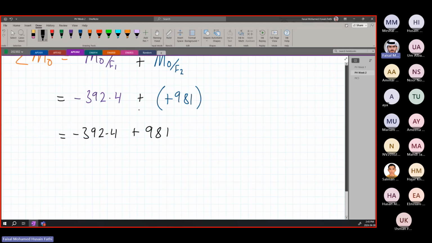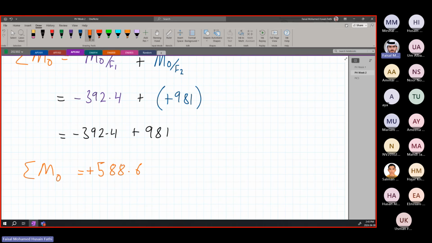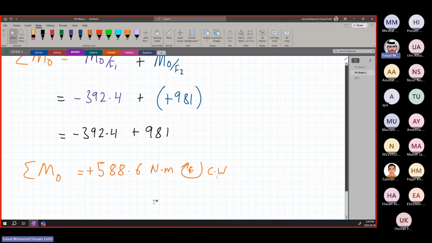Put that in the calculator and you will find that the sum of moments about O is equal to 588.6 Newton meters. Since the answer is positive, we know that this is in the clockwise direction. This is how you would solve any moment question.